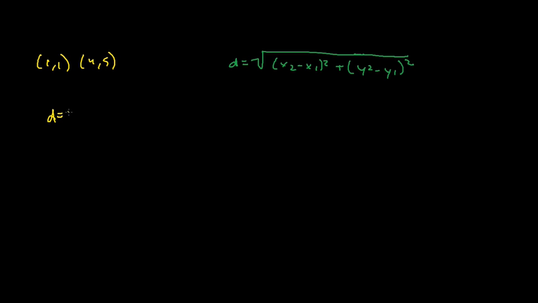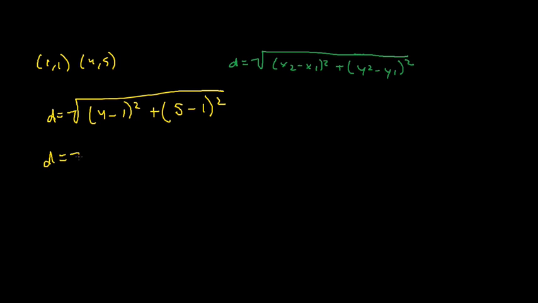So the distance is equal to the square root. Our x2 is 4. Our x1 is 1 squared plus y2 is 5. y1 is 1 squared.